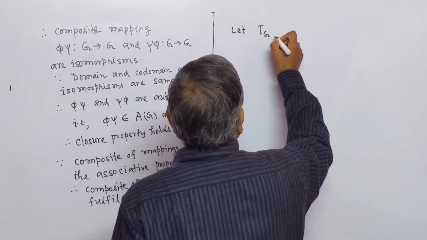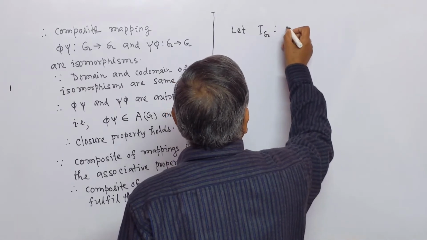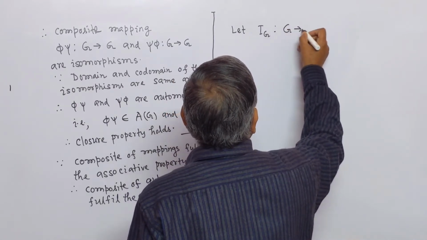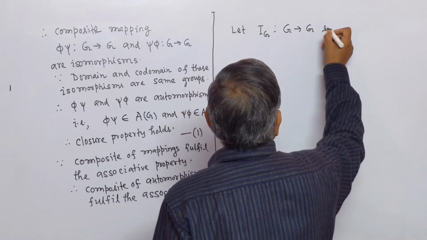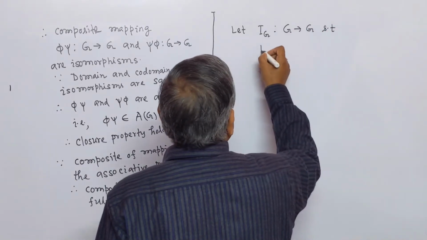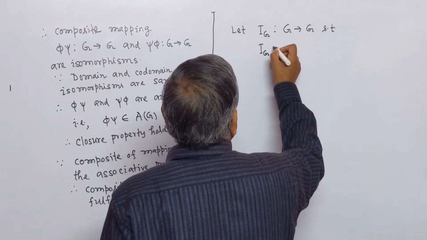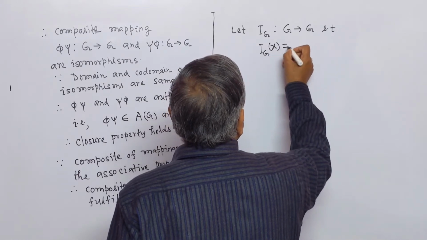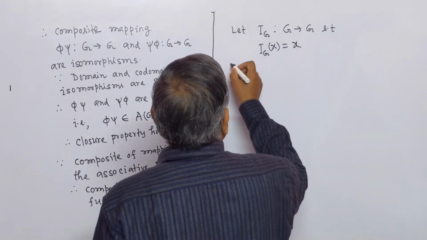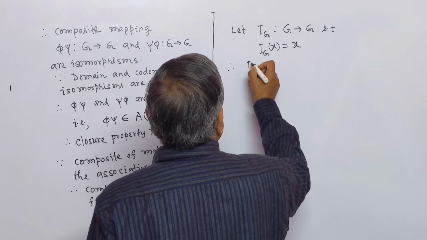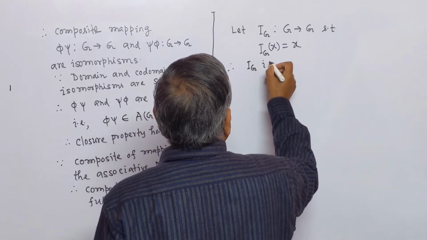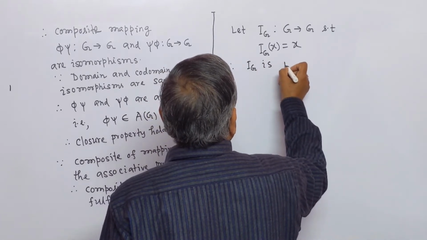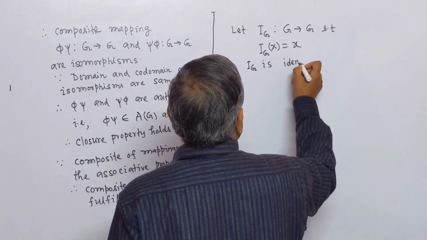Let Ig be a mapping defined on group G into G such that Ig x equal to x. Therefore, Ig is the identity mapping.